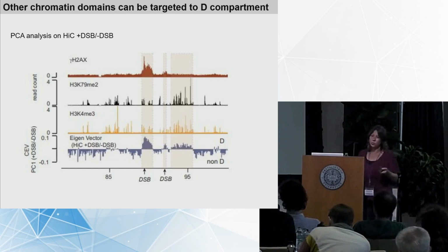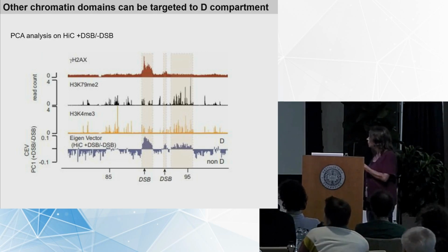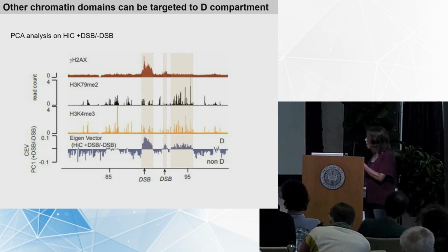But the true surprise arrived when we figured out that some loci were able to be encompassed in this D compartment, so basically cluster with the gamma-H2AX foci in vivo, but did not display any gamma-H2AX signal and did not display any DSBs, actually.